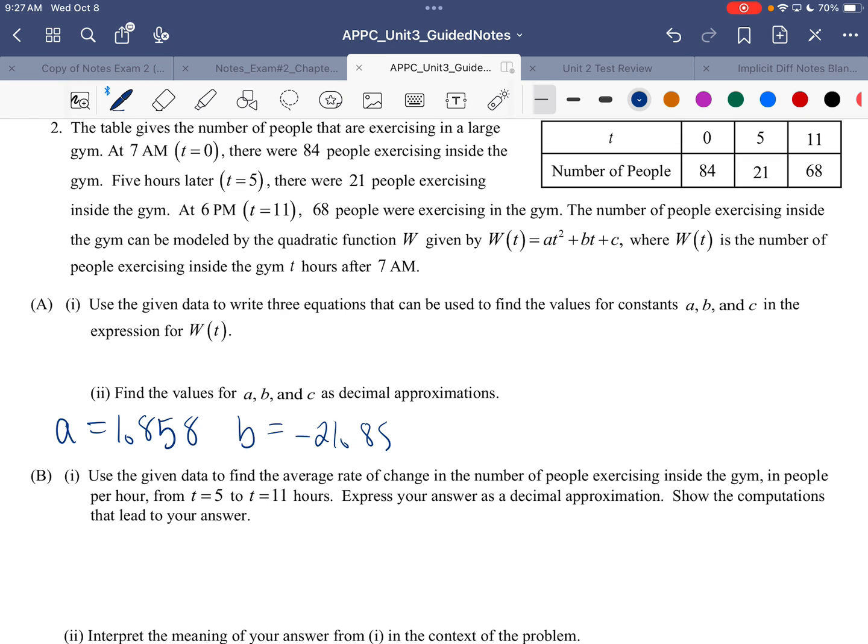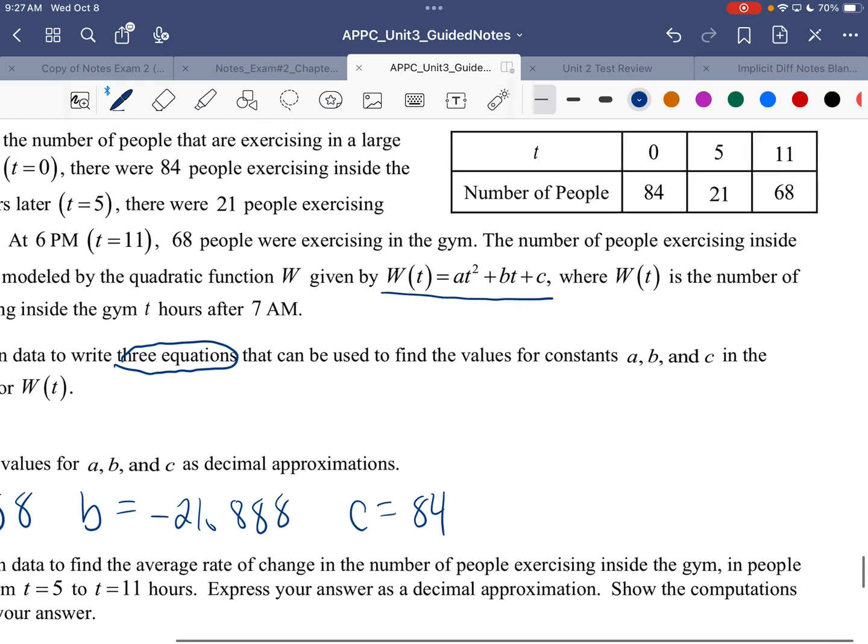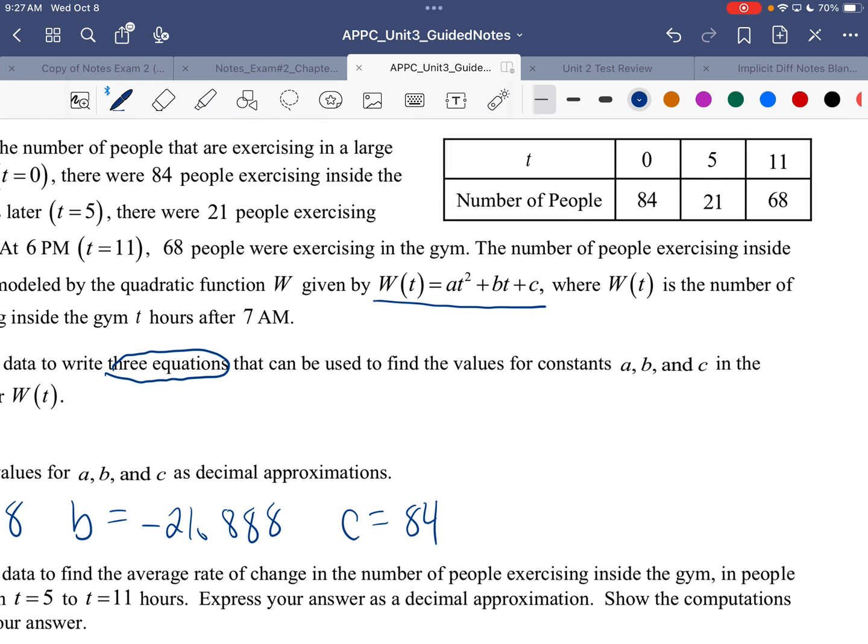And here's where I think this exam is a little silly, because everyone is probably going to use their calculators to find A. But what they want you to do to find A-II is use the data to write 3 equations that can be used to find A, B, and C. So we take each ordered pair and plug it into the model.